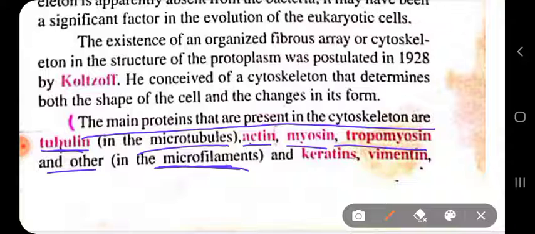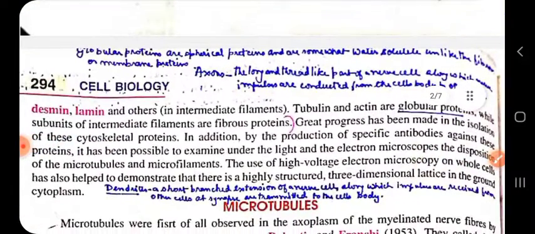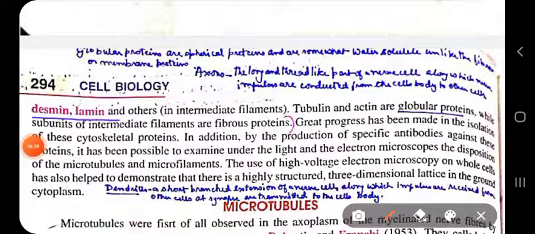In the case of intermediate filaments, we need keratin, vimentin, desmin, lamin, and other proteins.